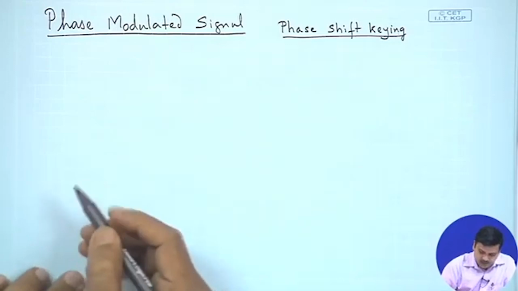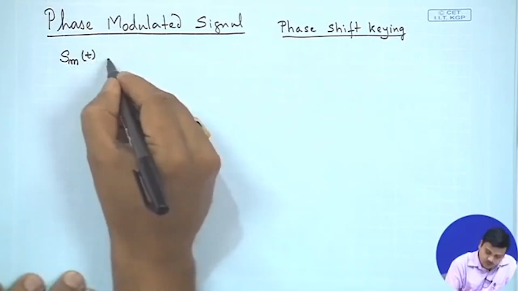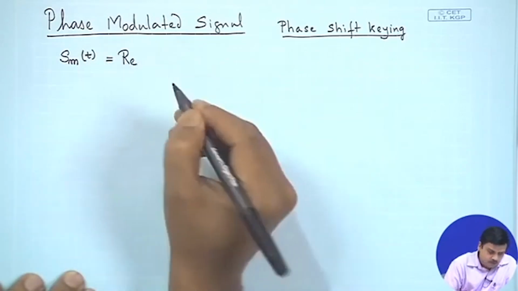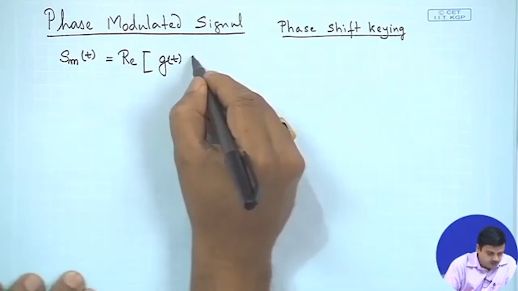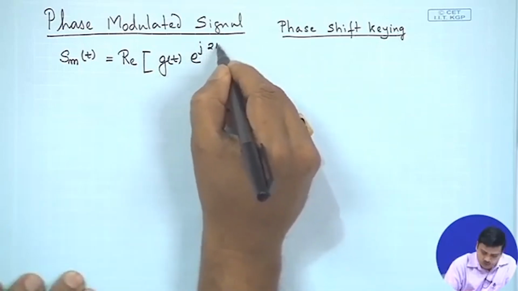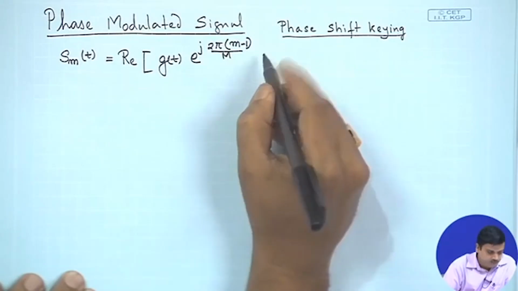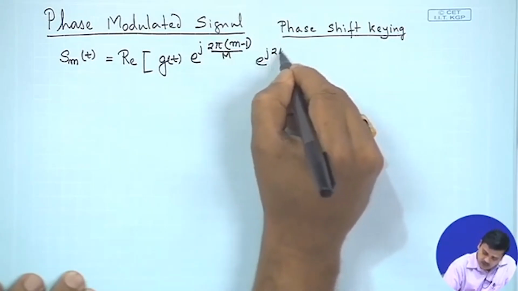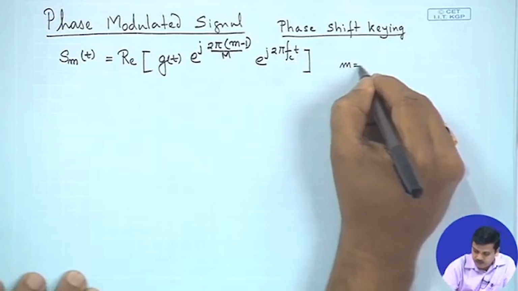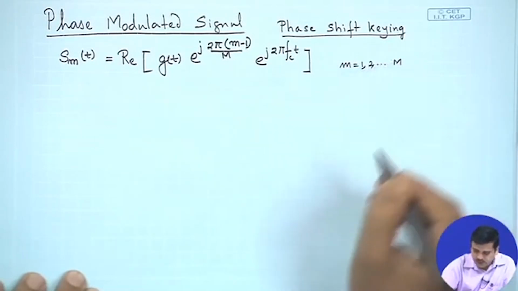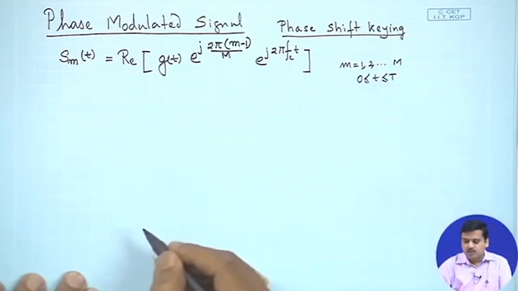So, in this particular case, the s_m(t), that means the signal which is going out, you could write it as the real part of g(t) times e to the power of j 2 pi (m minus 1) upon capital M times e to the power of j 2 pi f_c t, where m is equal to 1, 2 up to capital M, and this is valid for the interval t in the range of 0 to capital T.